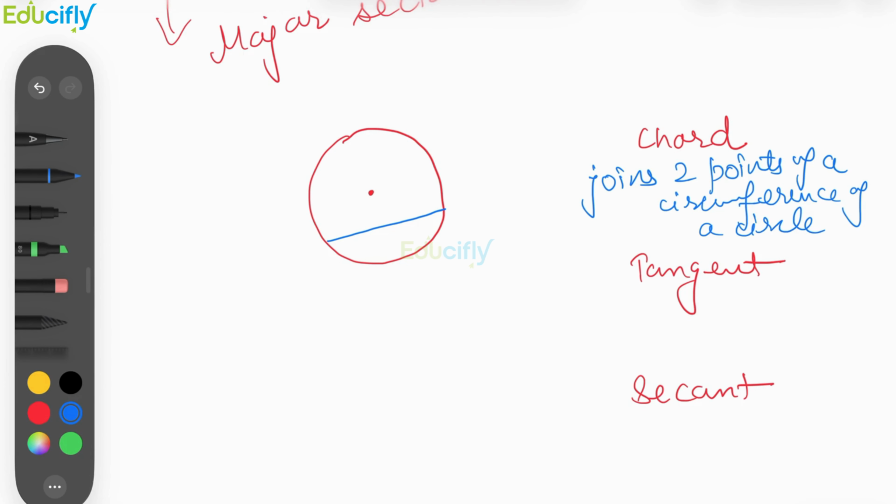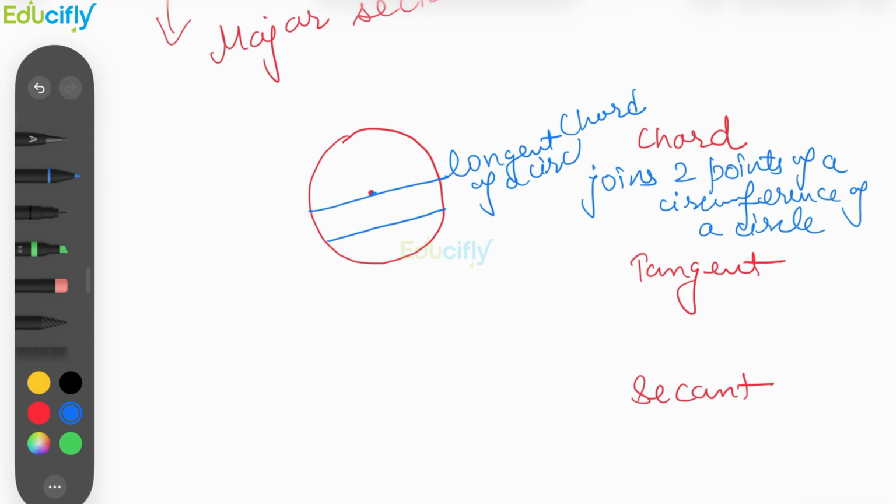All right, this is easy to understand. And there is one more interesting fact: if you draw a line which passes through the center, that is actually called the longest chord of a circle.